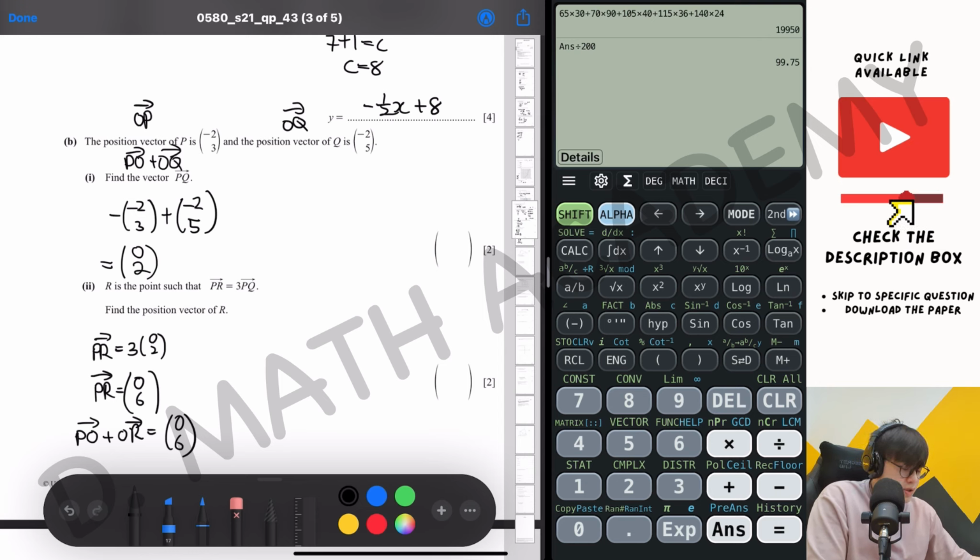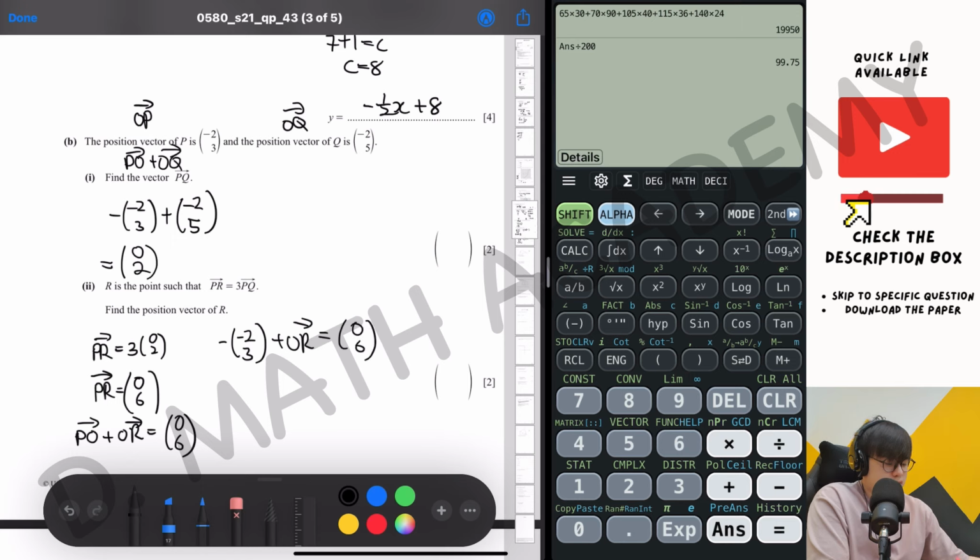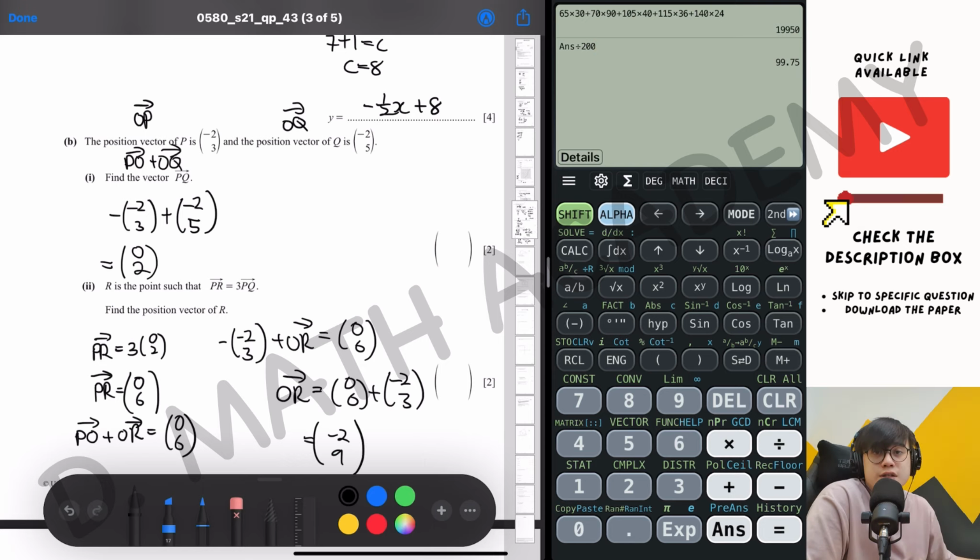PO is actually (-2, 3), plus OR equals (0, 6). So OR's final value will be (0, 6) plus (-2, 3). So your final answer, (-2, 9), will be your position vector of R.